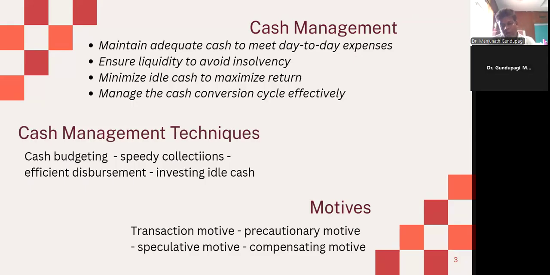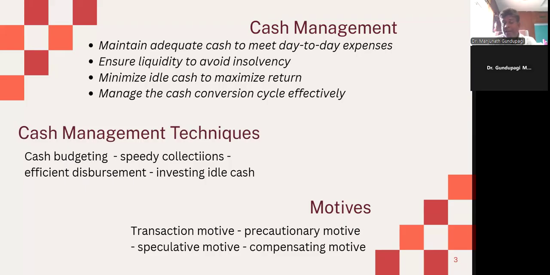The important objectives of cash management are maintaining adequate cash to meet day-to-day expenses and ensure liquidity to avoid insolvency, minimizing idle cash to maximize the return, and managing the cash conversion cycle effectively.